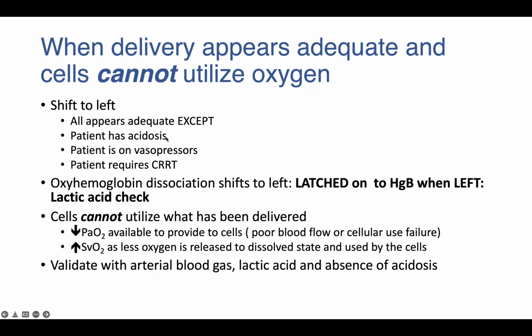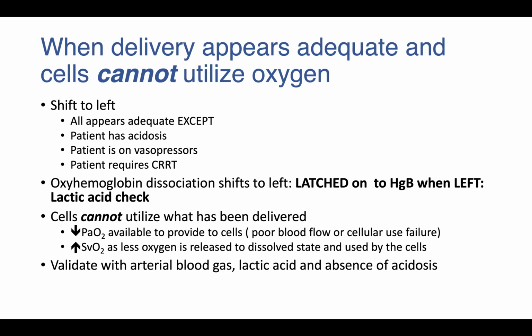So in this condition where your SvO2 may be normal to elevated, but you have worsening acidosis, increasing requirements for vasopressors, or the patient now needs to go on CRT, you have to look at the presence of acid. Here, your cells cannot utilize what's been delivered. You have an AV shunt, blood doesn't flow through the capillaries, oxygen doesn't dissociate, your SvO2 is higher than expected.